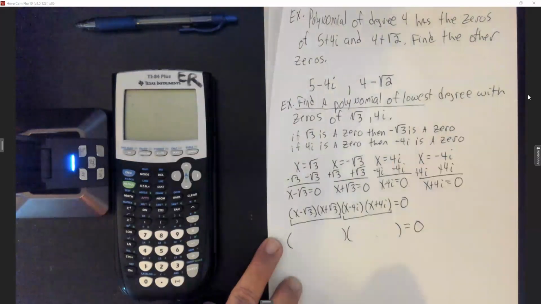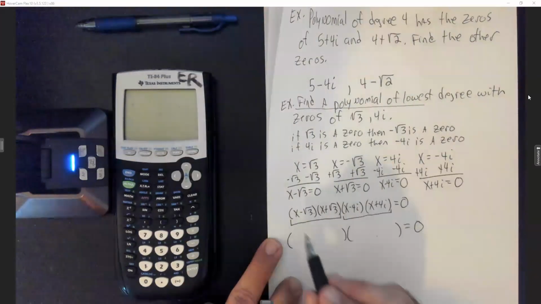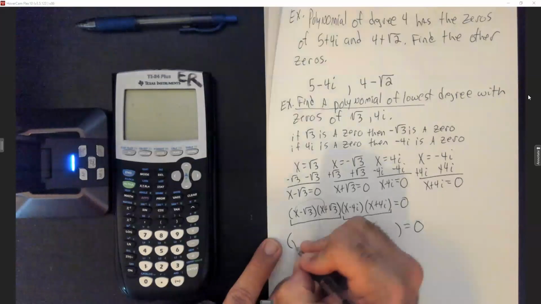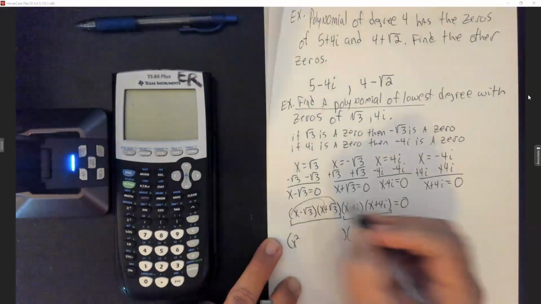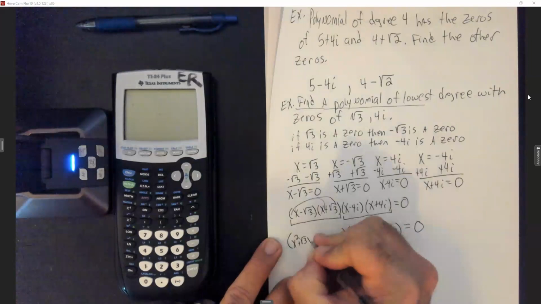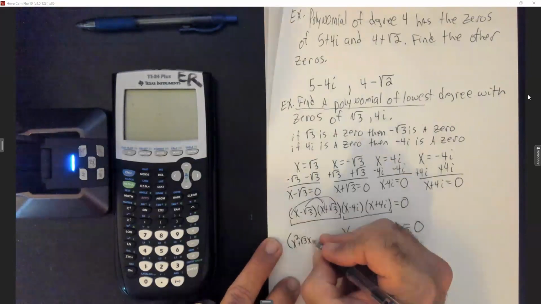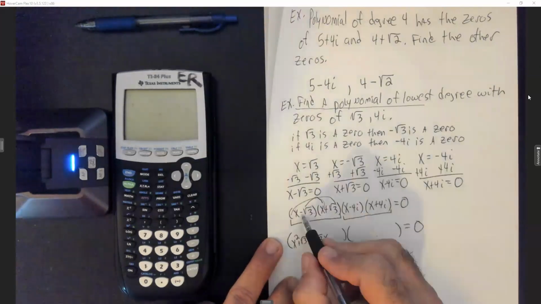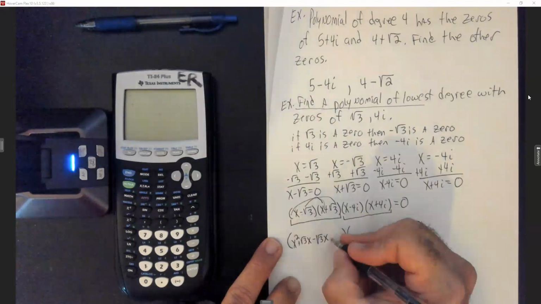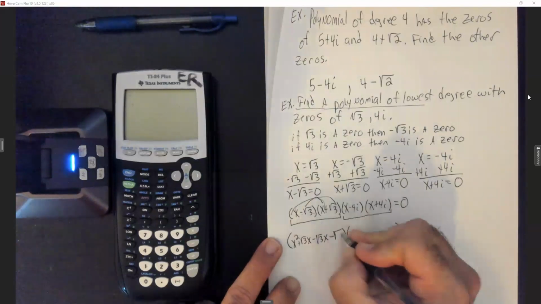So here we go. x times x is x squared. x times square root of 3 is square root of 3x. Negative square root of 3 times x is negative square root of 3x. And then negative square root of 3 times a positive square root of 3 is negative square root of 9.